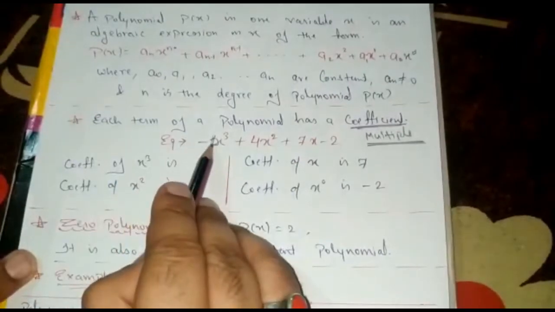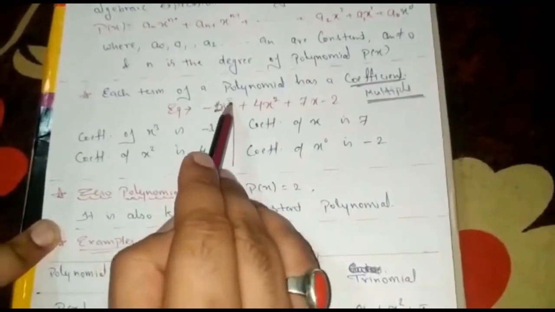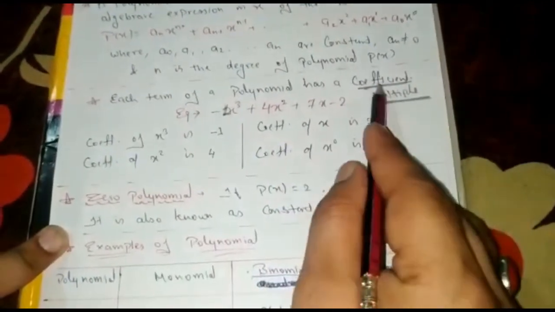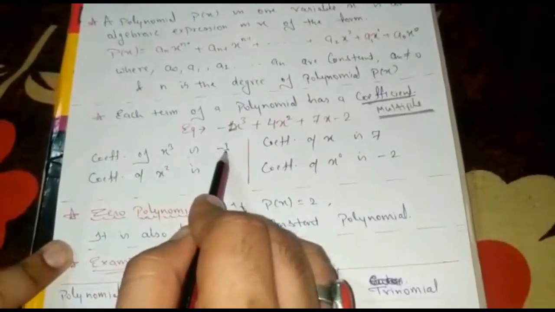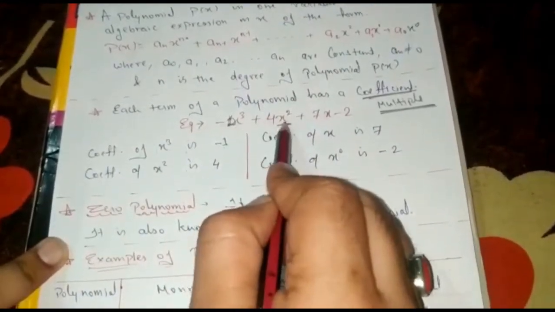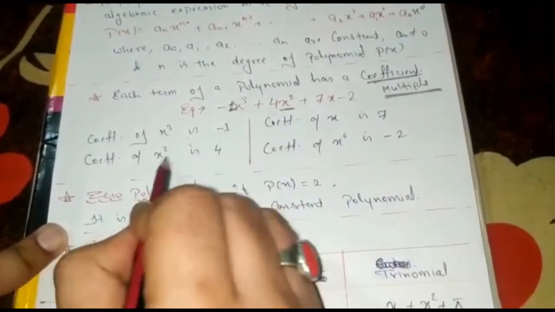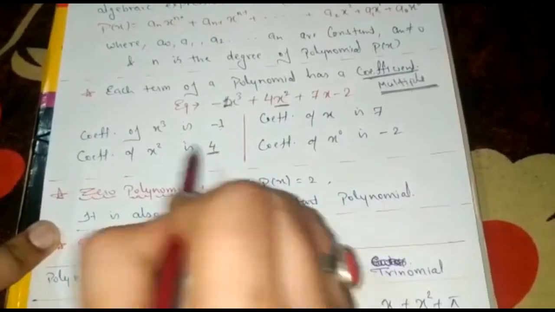So -1 x^3, that is, -1 is the multiple of x^3. That means the coefficient of x^3 is -1. Similarly, for x^2, its coefficient is the multiple of x^2, which is 4.